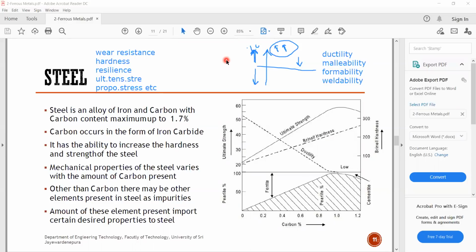Okay. So carbon plays an important key role for a particular application, right? Also, as the amount of carbon changes, the mechanical properties of the steel also change. That's the conclusion, right?